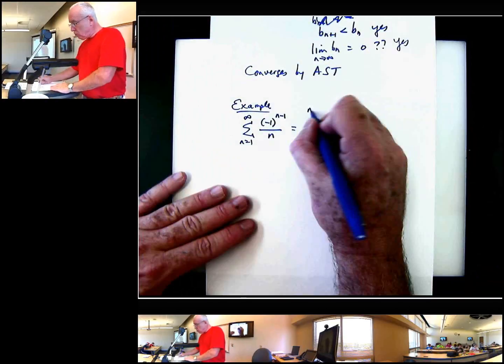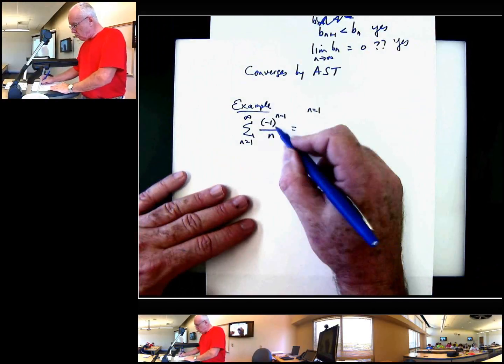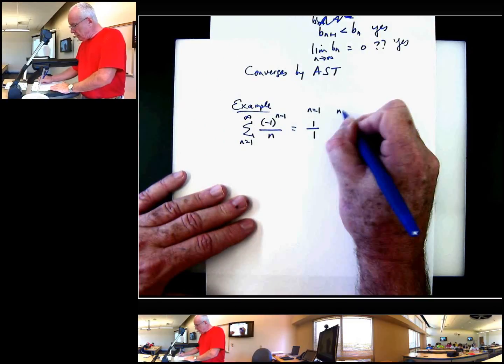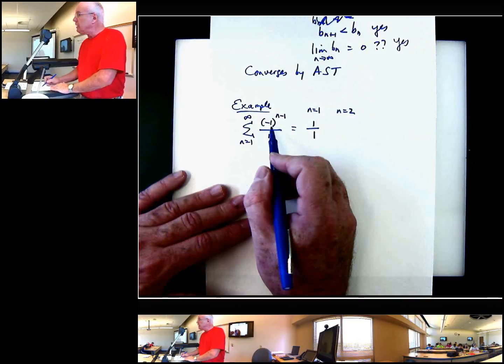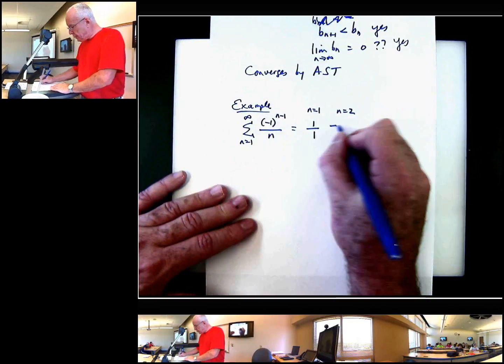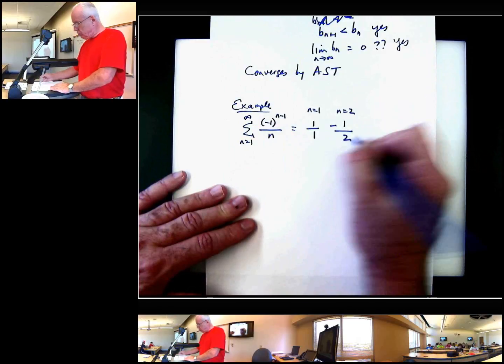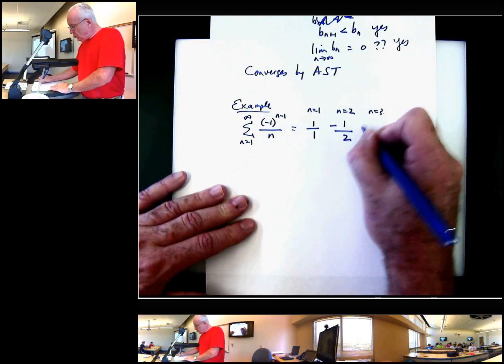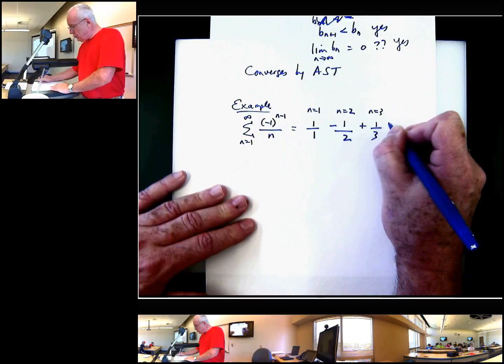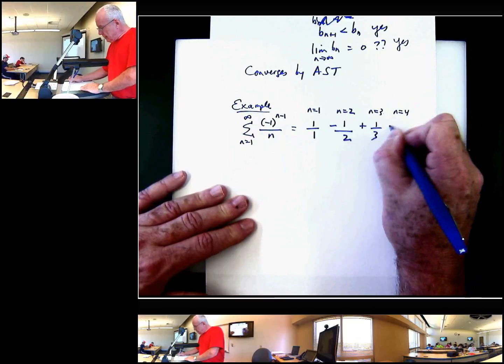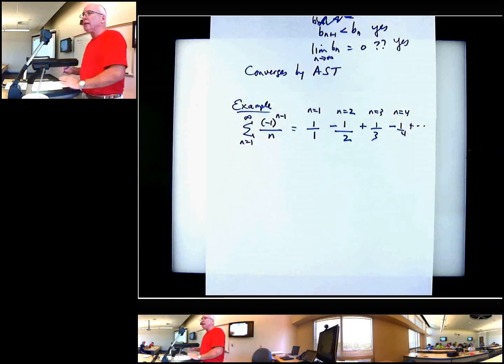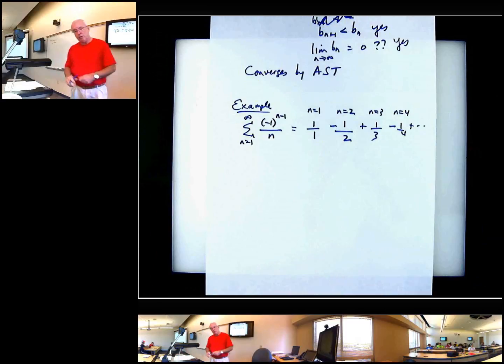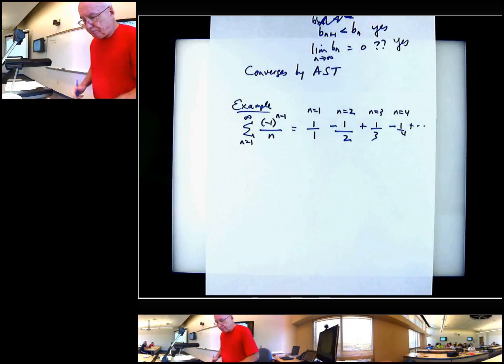When n is equal to 1, this will be a positive 1 over 1. When n is equal to 2, this will be minus 1 to the 1 power, so it'll be a negative 1 over 2. And then from there, it'll be positive 1/3, negative 1/4, etc. So that's how the first few terms look.